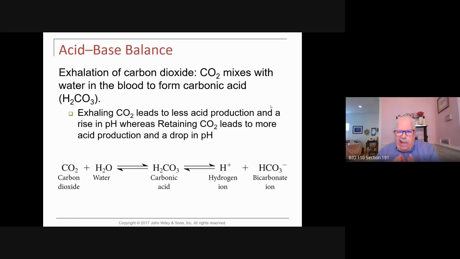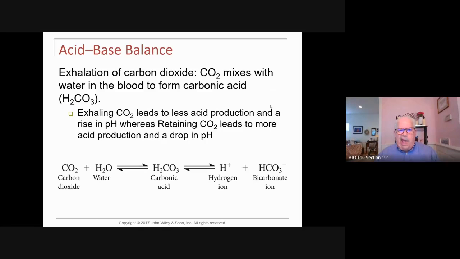We are now leaving the buffer systems. We are now depending on the lungs. If the buffer systems can't lower or raise your pH, we need to ask the lungs to help us out. The lungs can only get rid of acid.